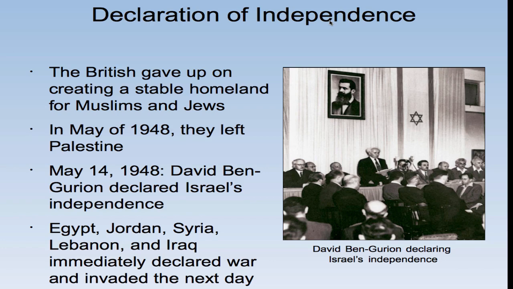Also, they want to be seen as the protectors of the Arab world, so it's a publicity thing in one sense. So this isn't just a matter of Muslim versus Jew, but there's a lot of political considerations going on with why these nations immediately attack Israel after it announces its independence.